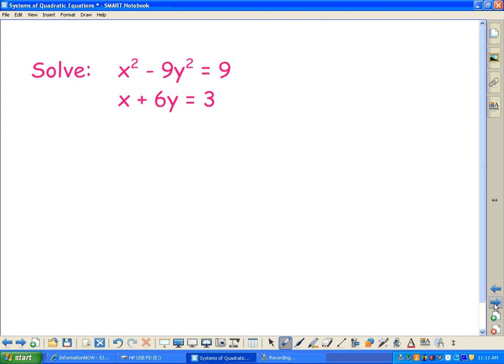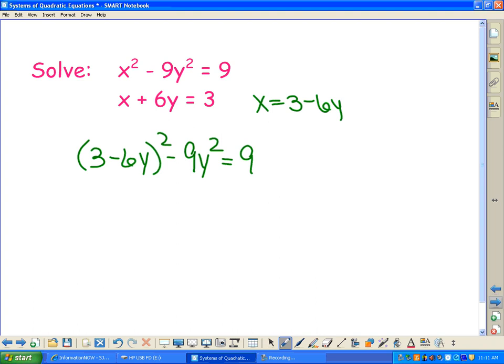So let's use substitution. Which equation do you want to solve and for which variable? The bottom one for x. So x equals 3 minus 6y, right? So now that's going to go in place of x in the first one. 3 minus 6y, the quantity squared, minus 9y squared is equal to 9.